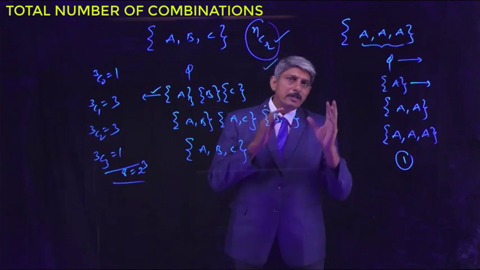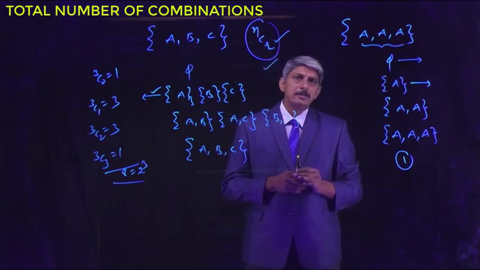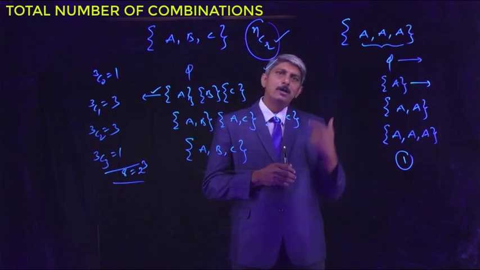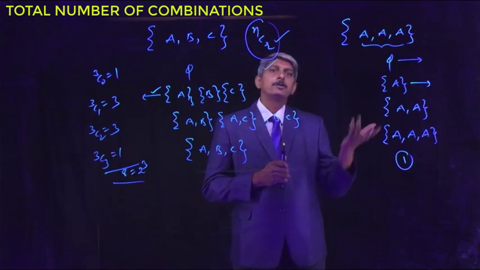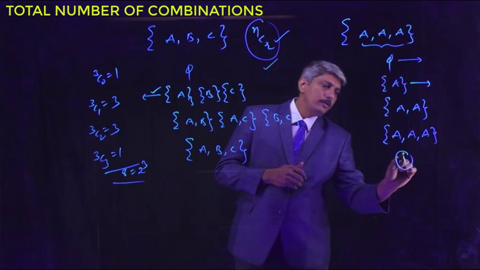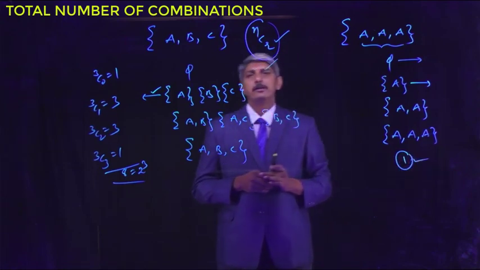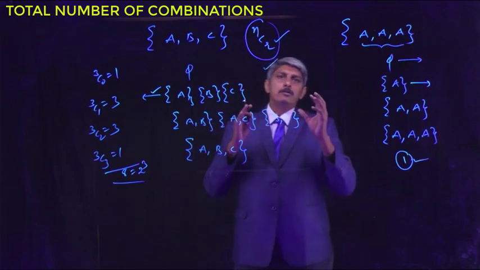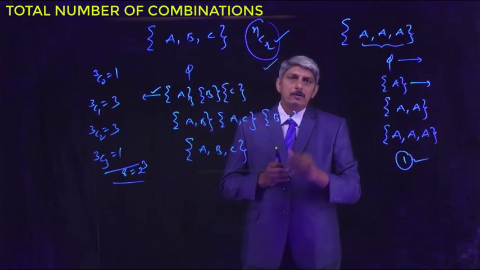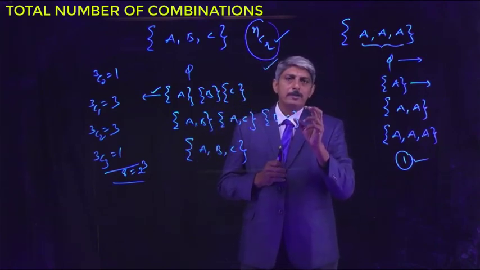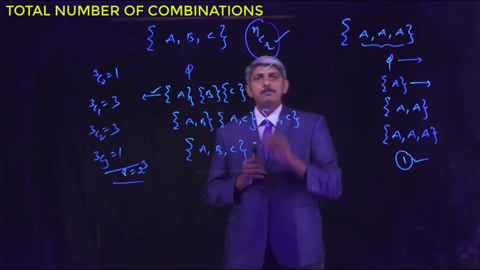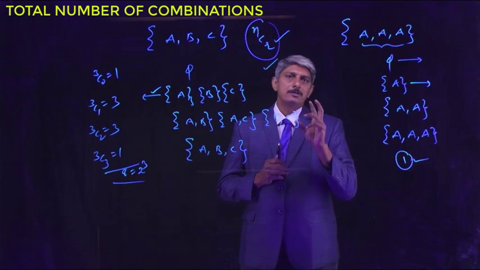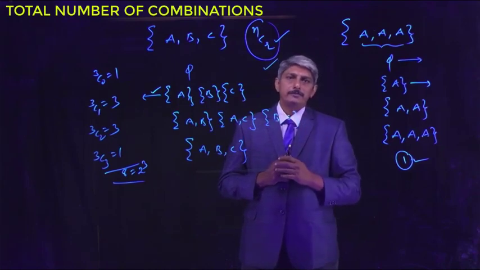If the given set contains like objects, so we select 0 or 1 or 2 or 3 and so on r, the value is only one way. When we discuss problems, you must decide whether the given objects are like objects or distinct objects. That is very, very important.